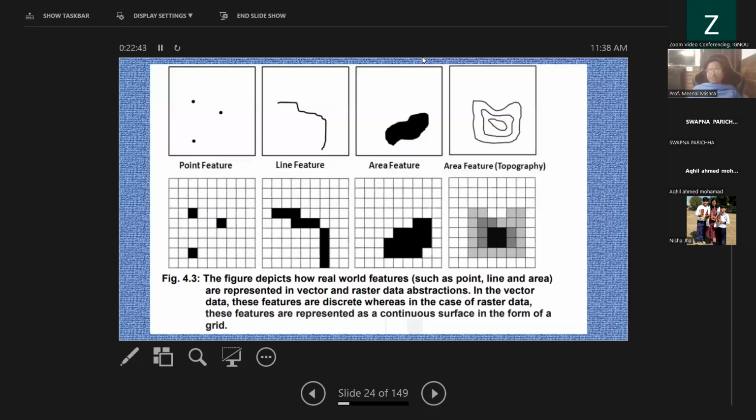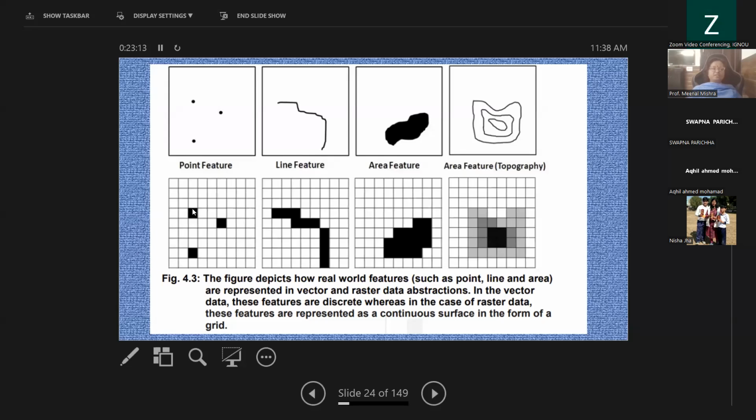Now here you can see what I was discussing in the last 3, 4 slides. The top row shows you the representation of the vector data: point, line, area feature, that is polygon, and then topography can also be represented like this. And the row below is the representation of the raster data.